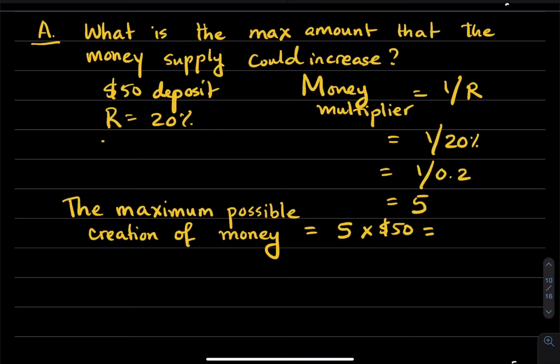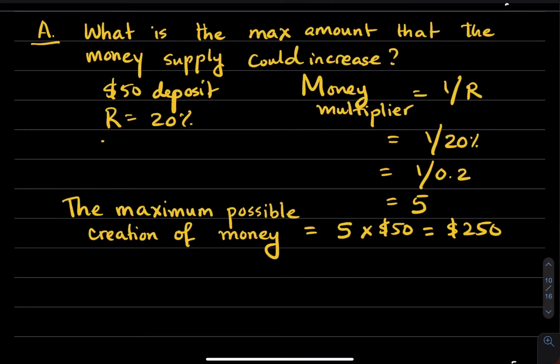That's the entire idea of the money multiplier: based on the reserve ratio, you're going to have a creation of money. So 5 times $50, which is $250.